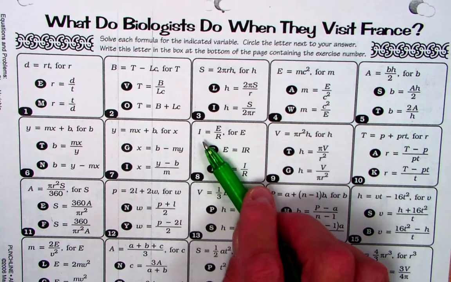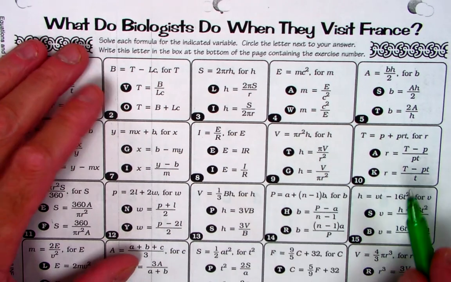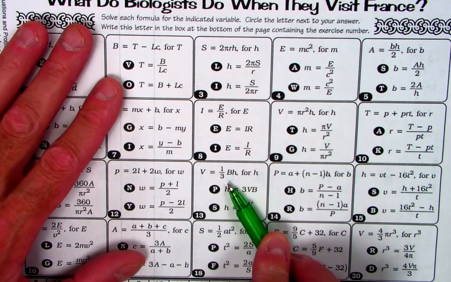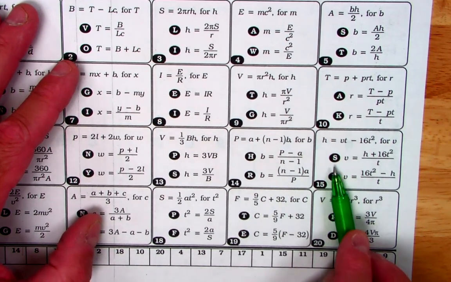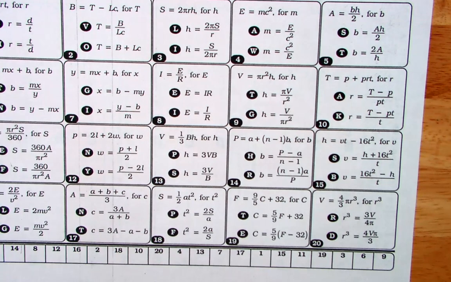I is amperage, E is voltage, R is resistance. You've got other things like V, the volume of a cone or a pyramid. Here you've got H, the height of an object due to gravity after time. These are all real world formulas where it's sometimes helpful to solve for different variables.